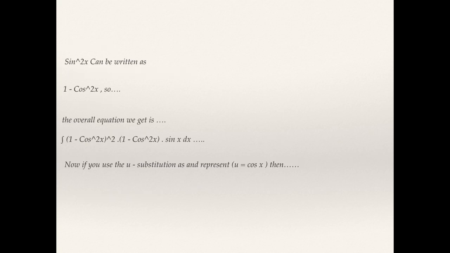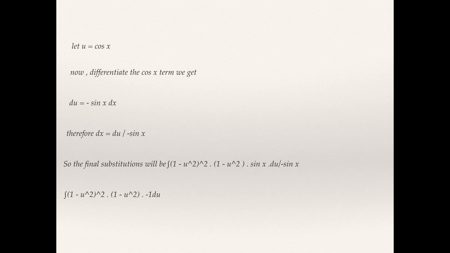Before that I had cos squared x; now I have represented it in terms of u. So we have 1 minus u squared whole squared times 1 minus u squared times sine x times du by minus sine x. The sine x cancels out and it will leave minus 1 du: 1 minus u squared whole squared times 1 minus u squared times minus 1 du.